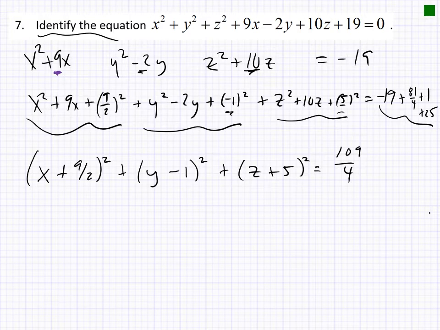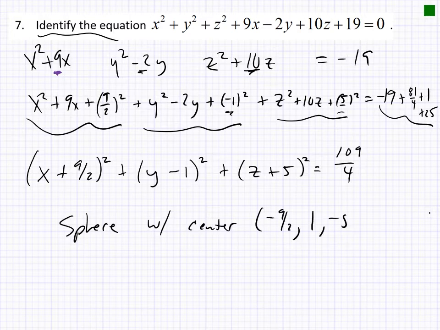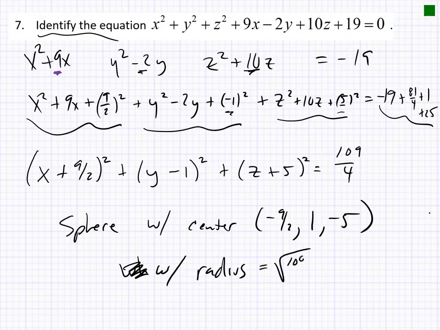This is a sphere. You should clearly see this as a sphere. It's a sphere with center at negative 9 halves, 1, negative 5, and with a radius of the square root of 109 over 4, or we could say the square root of 109 over 2.